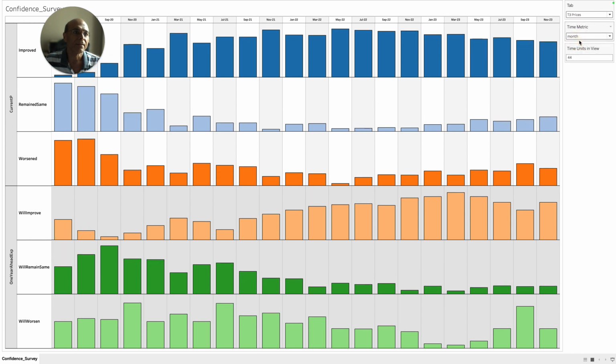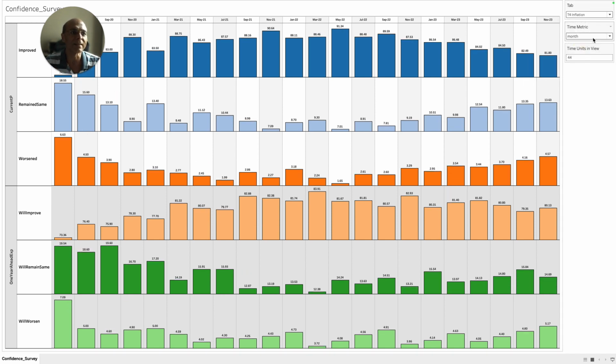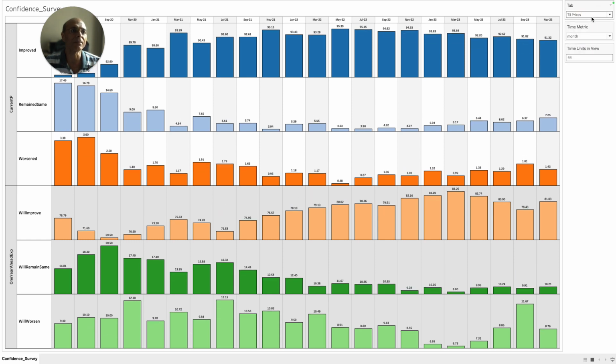Let's look at pricing. Yeah. So from a pricing perspective also, the people who felt that the situation has improved has slightly gone down. So therefore, the inflation part should also resonate with the same. So look, it's almost resonating, right? The price and inflation responses are almost resonating, right?